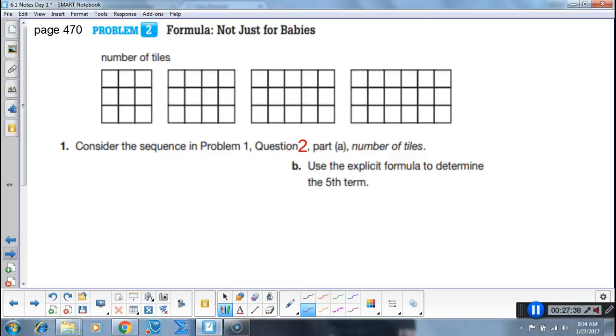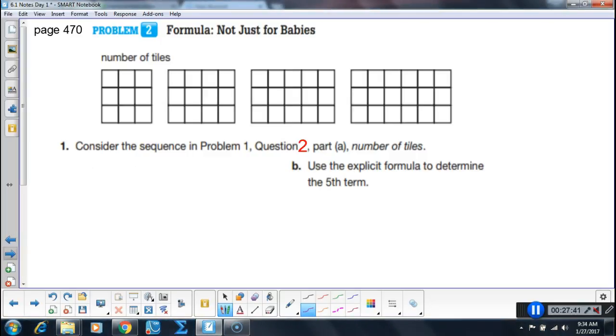Ignore that part. Let's just do the math. So consider the sequence in problem 1, question 2, part A, number of tiles. Ignore that part too. That's where they got this data from. It's asking us to use the explicit formula to determine the 5th term. Well, we should probably do a little back work on that. So, how many tiles are in the first one?